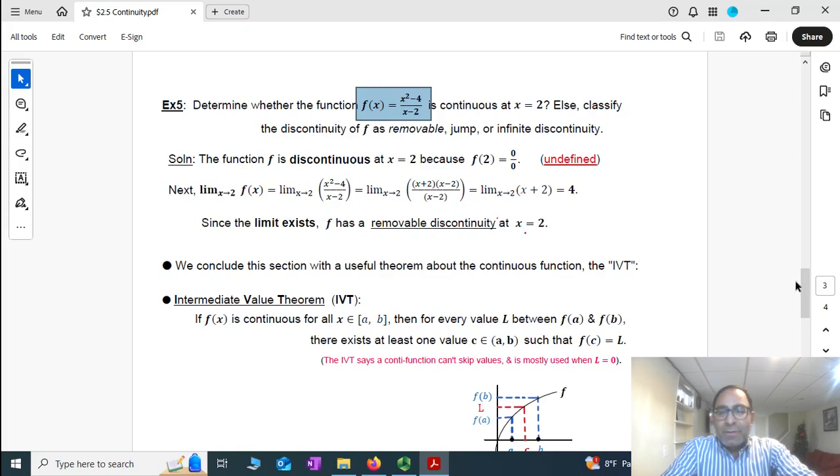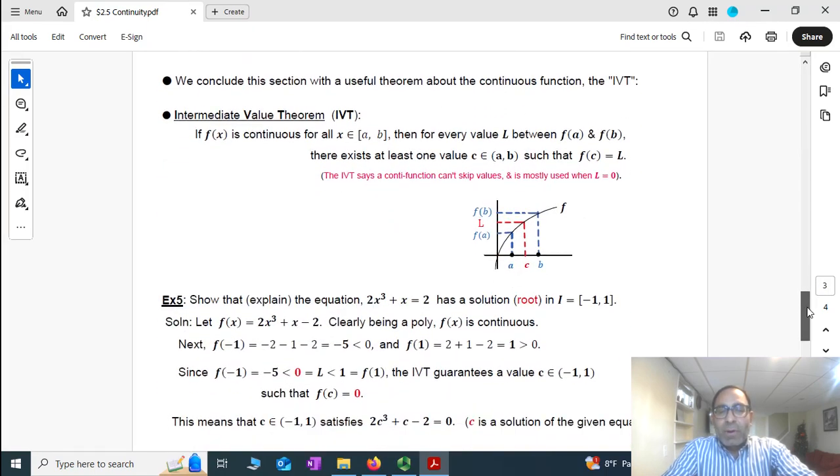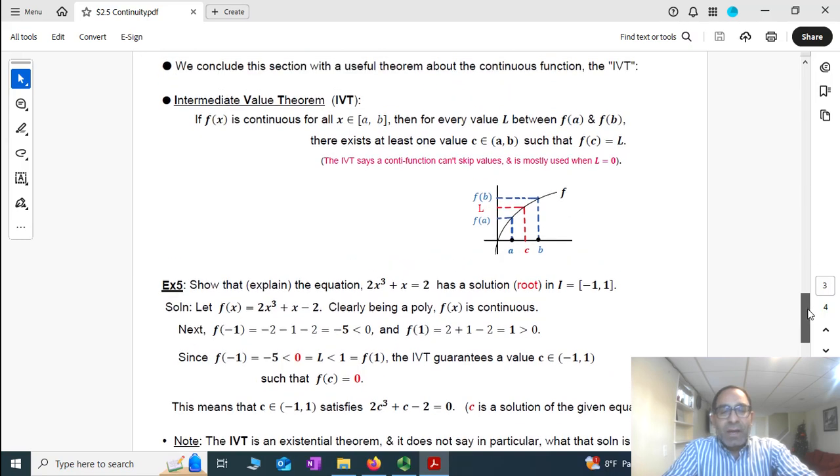Now let's continue. We conclude this section with a useful theorem about continuous functions. We call that the intermediate value theorem. So let me state the intermediate value theorem. The intermediate value theorem says a continuous function cannot skip values.